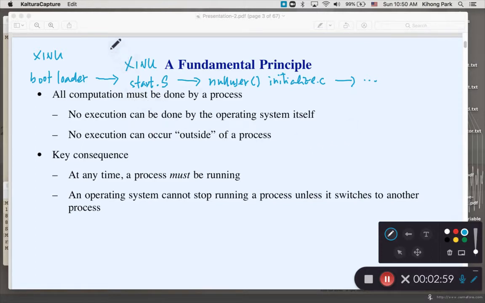And so this was the boundary here between the bootloading step and Xinu, and I mentioned some of the steps that are done here versus the rest.